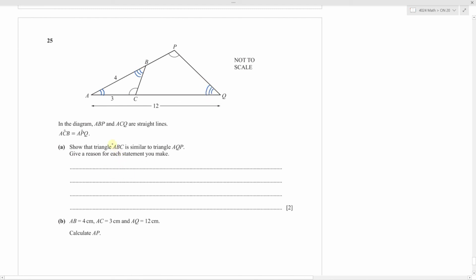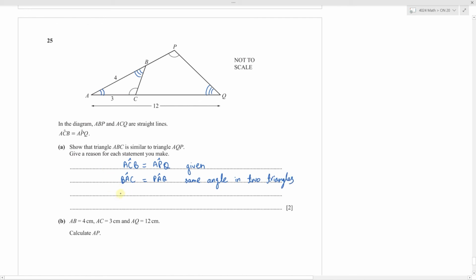So you can say that you're already given angle ACB equals to angle APQ. It is given. And then you have angle BAC is equals to angle Q or PAQ, because this is the same angle or common angle in two triangles.